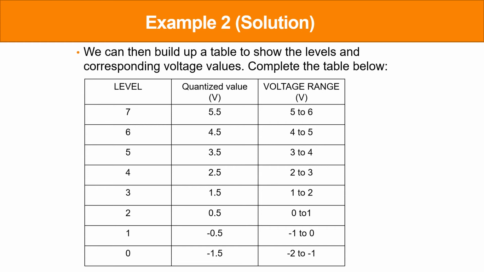We have levels 0 until 7, which is 8 levels, and the quantized value or middle value starts with negative 1.5 volt until 5.5 volt. The voltage range for level 0 is negative 2 to negative 1, which indicates that delta V equals 1. Same goes until level 7.